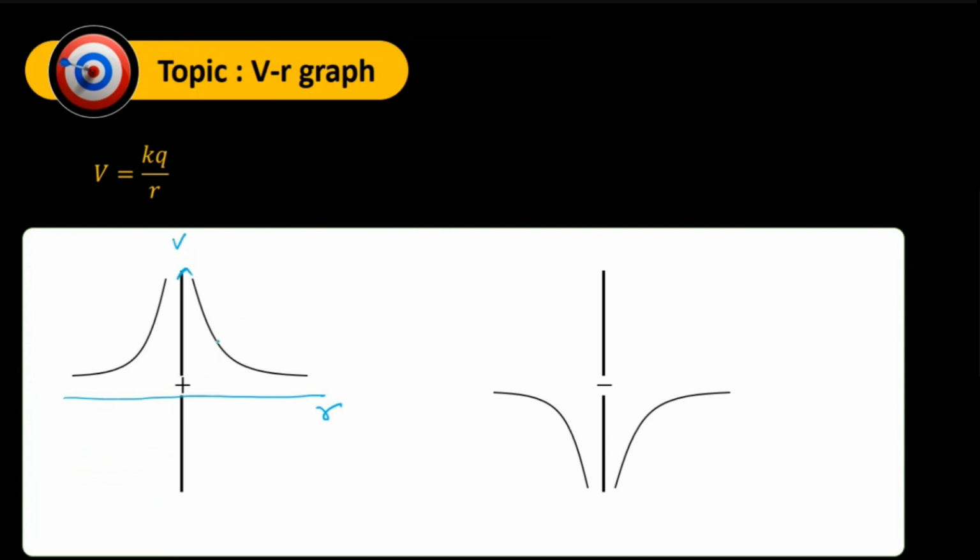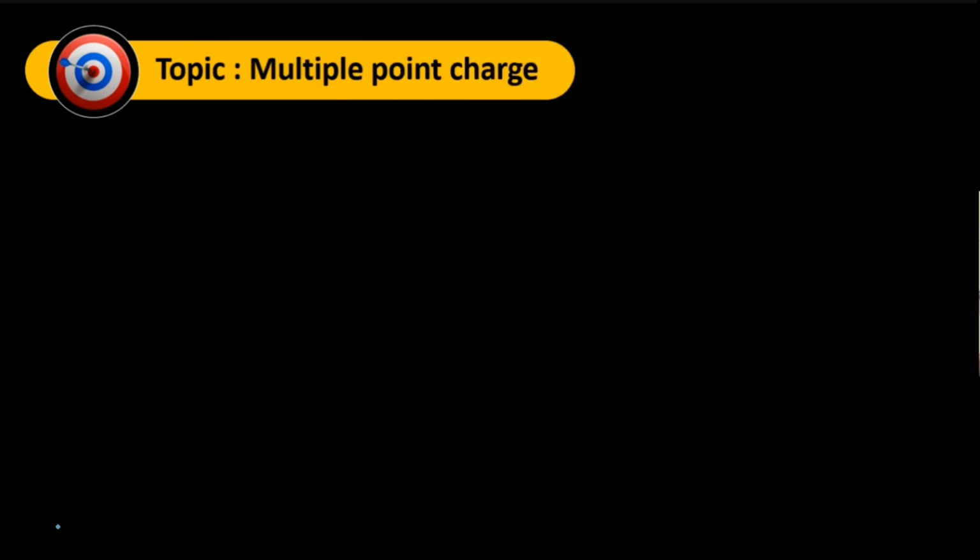As distance increases, potential decreases a lot. For a negative charge, it is opposite. Again the same thing: as R increases, potential decreases to 0. If there are multiple point charges, as I said, just add all the potentials. Whatever number of charges there are, just add the potential due to all the charges.